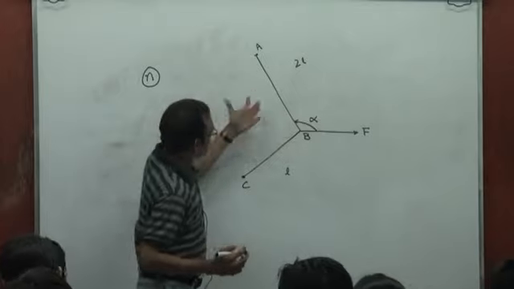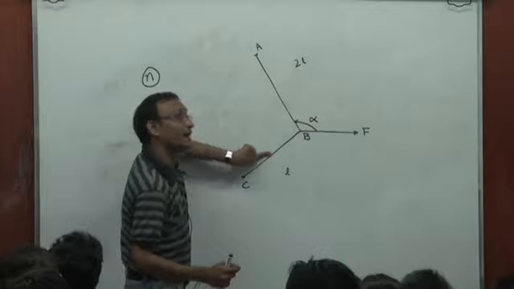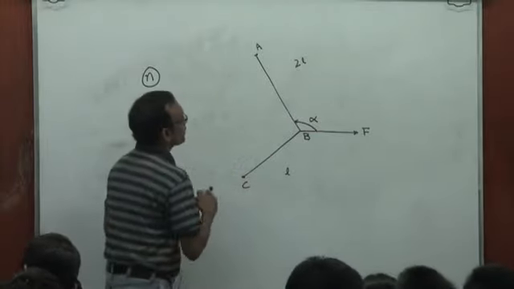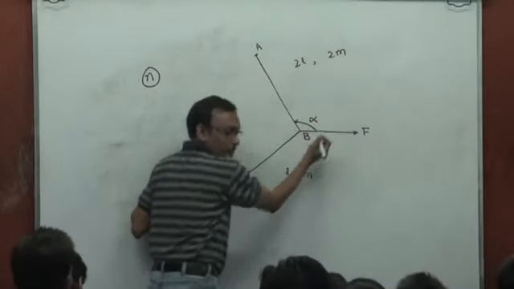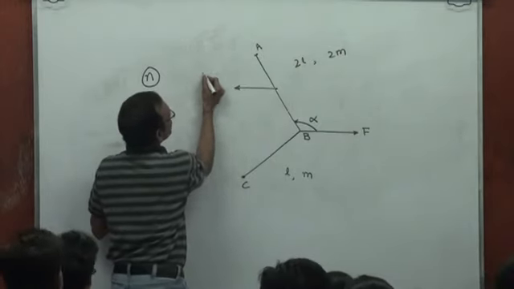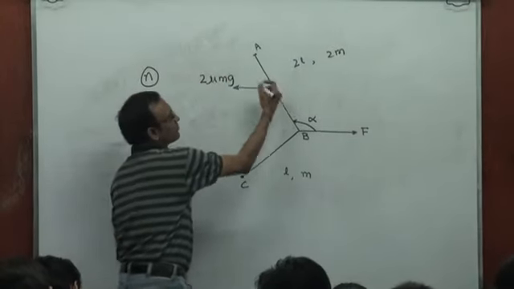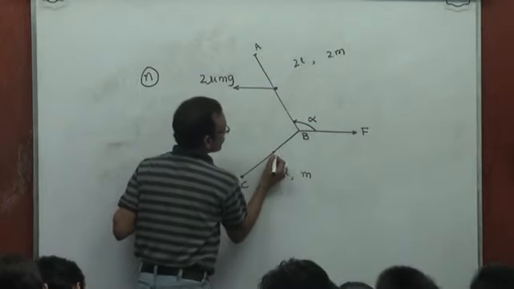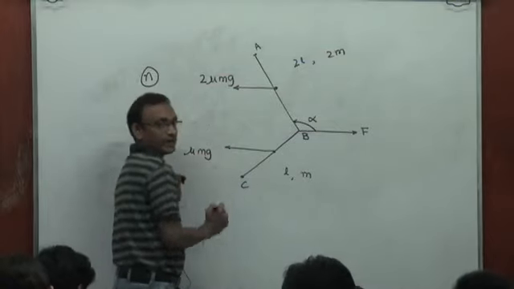Since AB and BC are sliding on a rough horizontal surface, there is frictional force acting leftwards, and maximum static friction is acting on both AB and BC. Very clearly, if the mass of this is m, the mass of this would be 2m, right? Frictional force on it would be acting leftwards and would be of magnitude 2 mu mg, right? That would be the frictional force through the midpoint of this, and the frictional force through the midpoint of this would be mu mg acting leftwards, right?